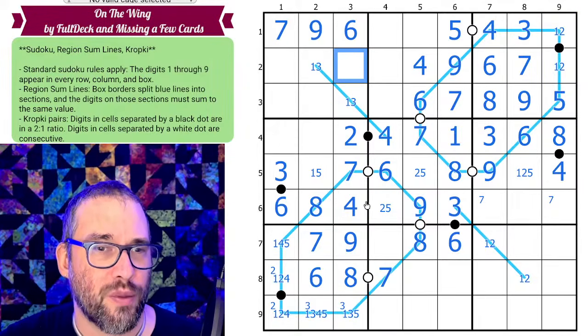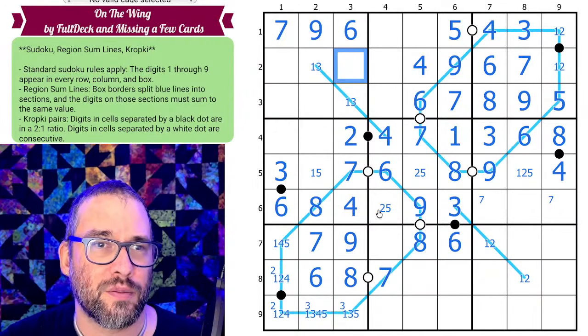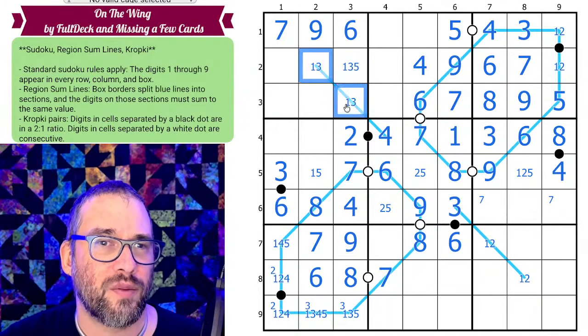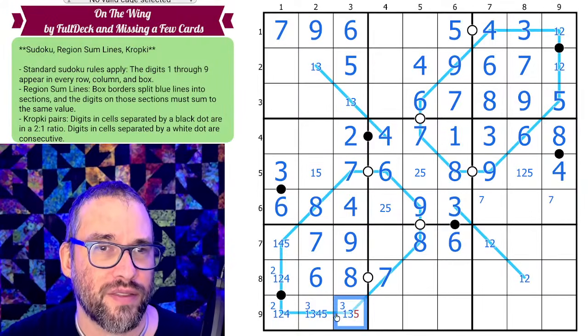Yeah, just 1, 3, 5 left in this column. And this one is the 5.